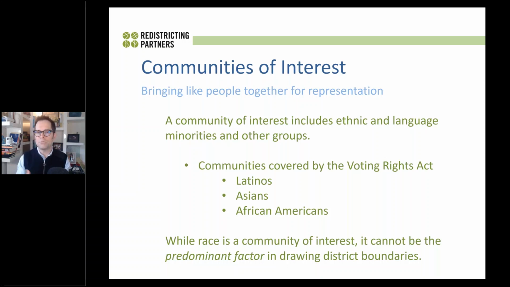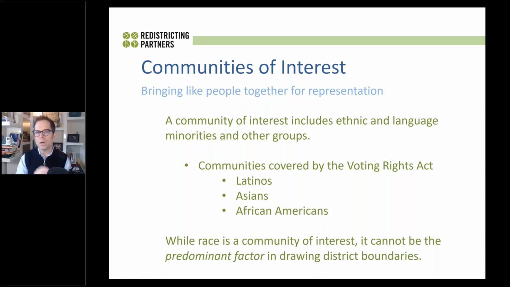But in certain agencies, like where I grew up in Glendale, the Armenian population is one of these protected classes. And in some parts of inland San Diego County, you might find the Chaldean population as one of those communities of interest. So there are others other than these three, but these are the three that are primarily used and that the census provides great data on.